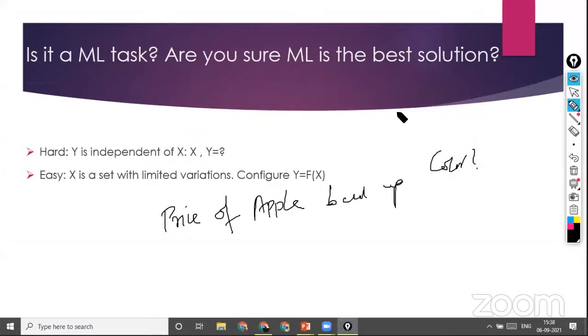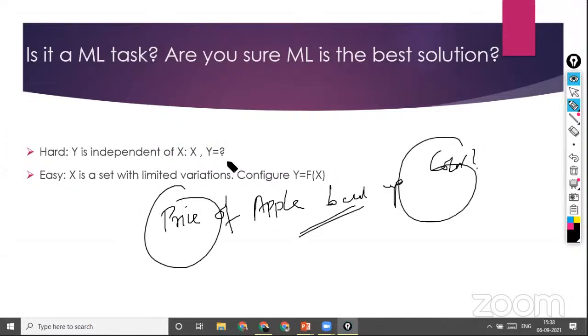You have to ask yourself whether it's a real machine learning problem. Price is the dependent variable and color is the independent variable. If you don't find any dependence between them, it's a very hard problem, and better you don't go for that.